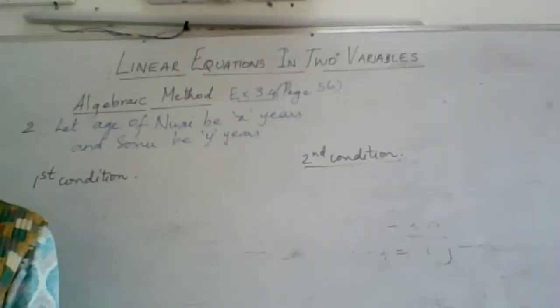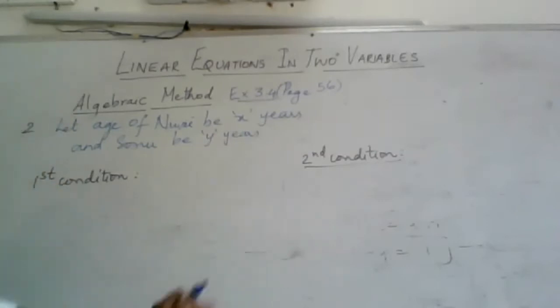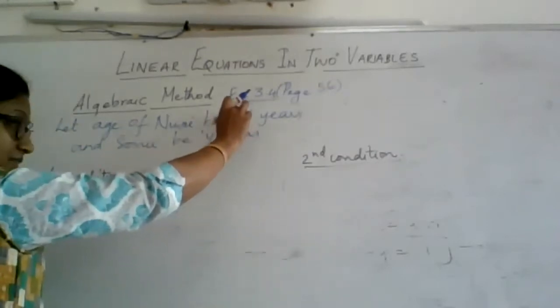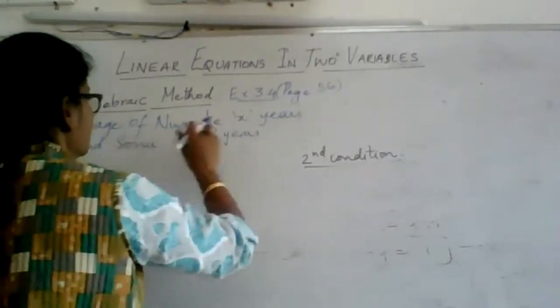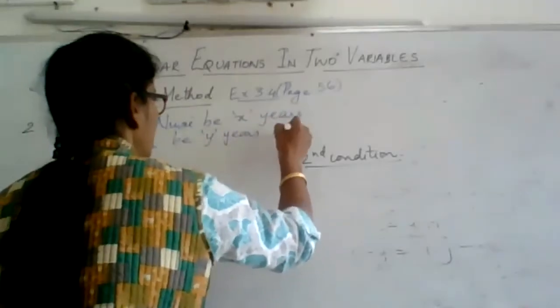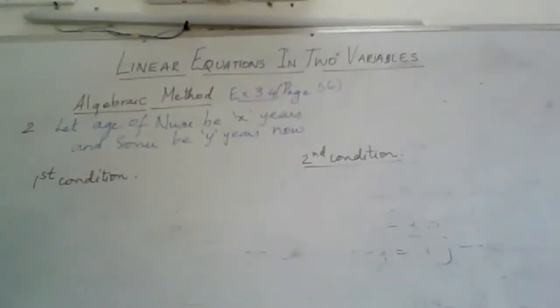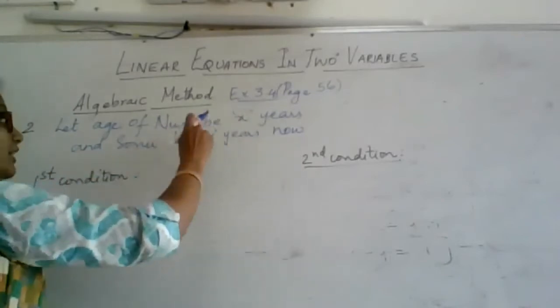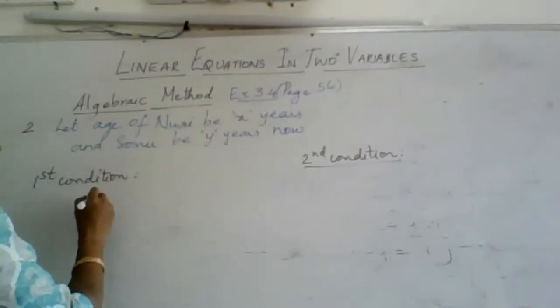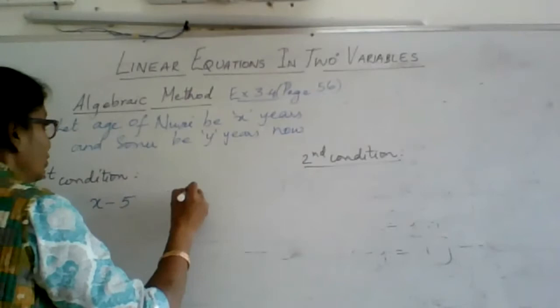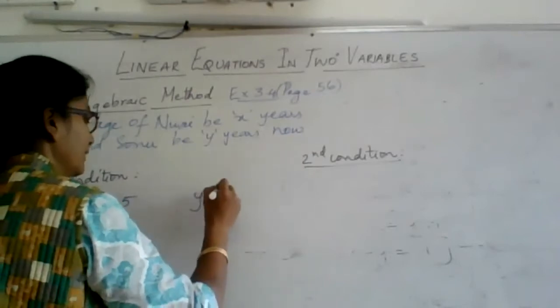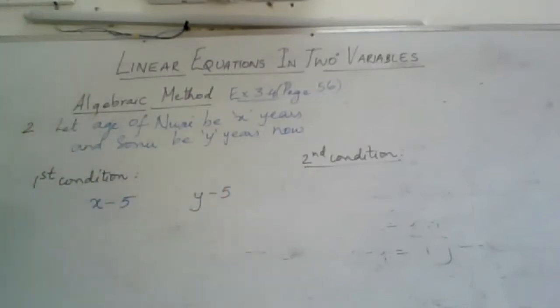The first condition says 5 years ago. If their present ages are X and Y, then 5 years ago Noori will be X minus 5 and Sonu will be Y minus 5.